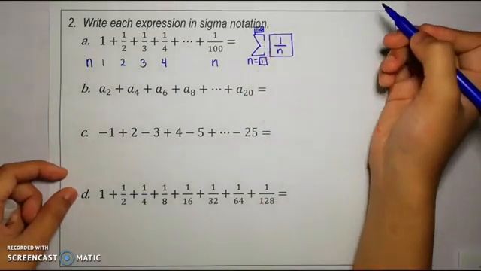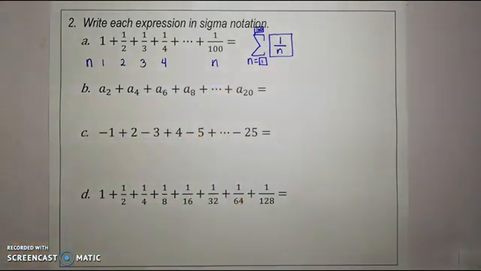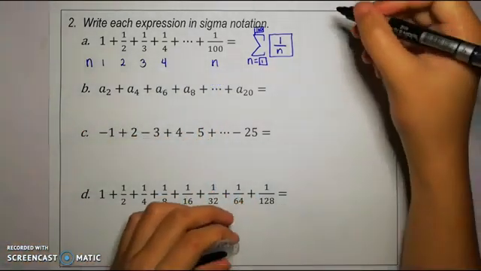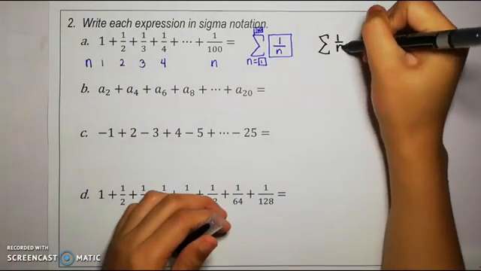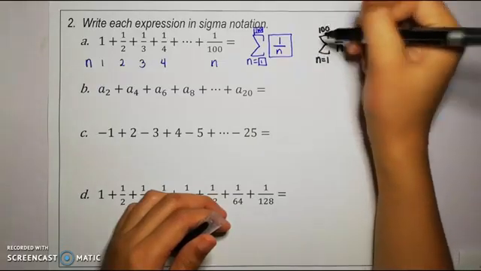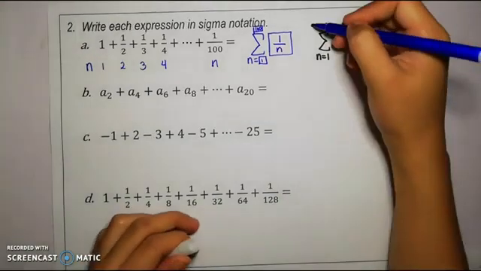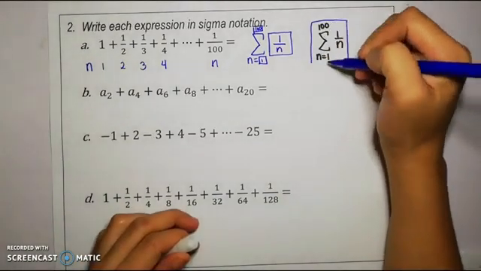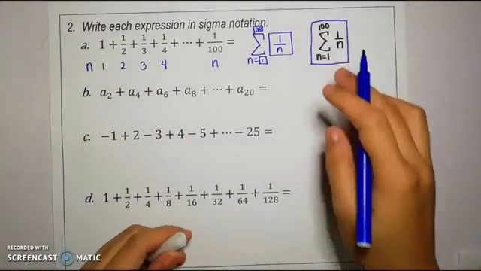So we can say that our summation is equal to the summation of 1 over n from n equals 1 until 100. So I will rewrite this here. It's just a coincidence wherein we use n as the index of summation and our stopping point. So that is our answer.